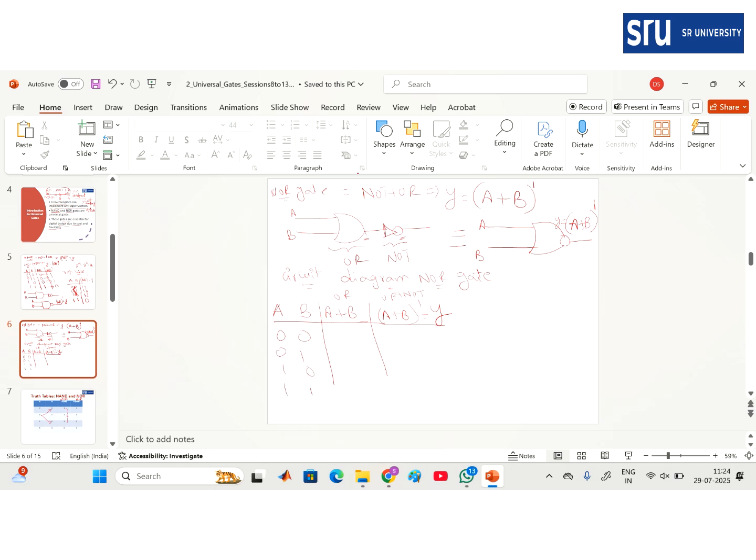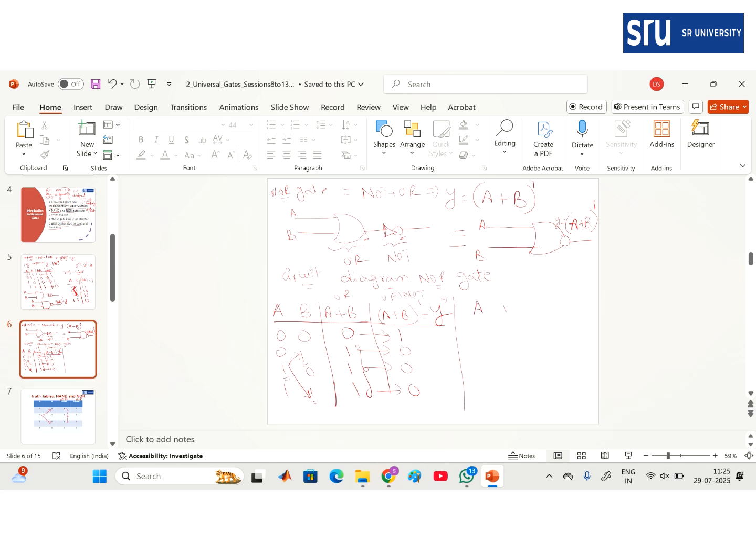A plus B: 0 plus 0 is 0, 0 plus 1 is 1, 1 plus 1 is 1, 1 plus 0 is 1. So if at least one input is high, the output is definitely high. Now the complement of 0 is 1, the complement of 1 is 0, again 0, again 0. This is the output for the NOR gate.